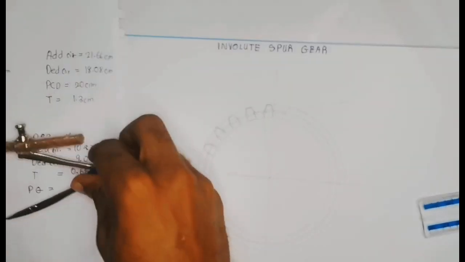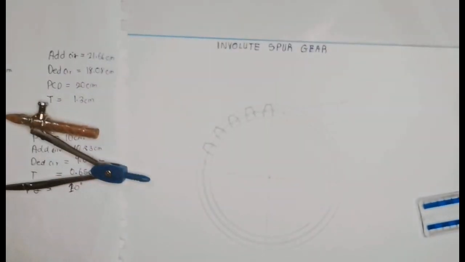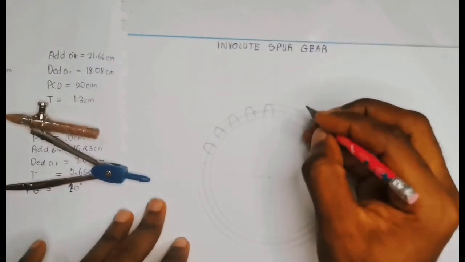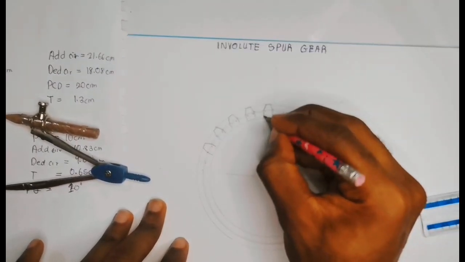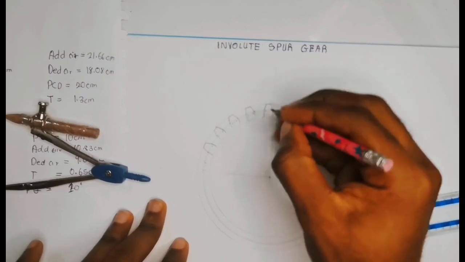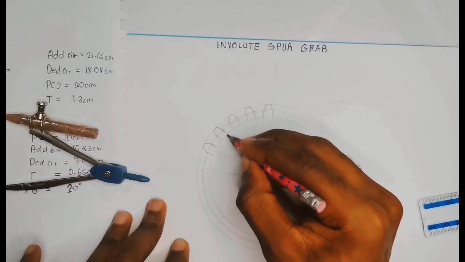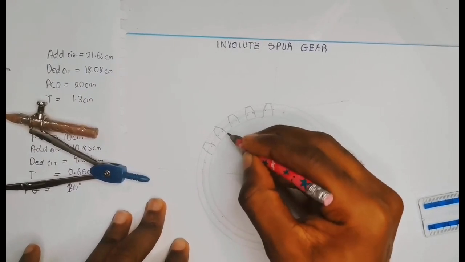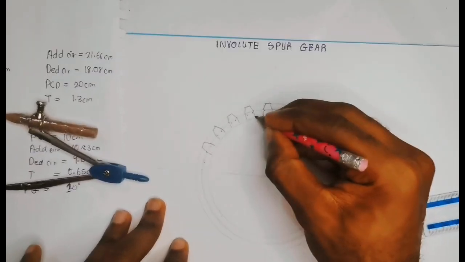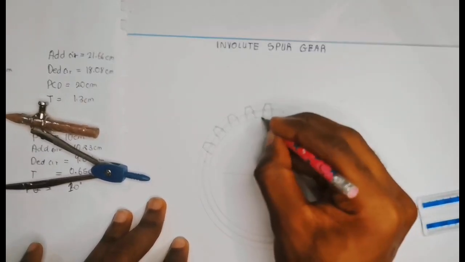Now to complete the bottom, we add a fillet, a curve here. We didn't draw the arc to the dedendum because there will be a fillet here for clearance, for meshing teeth.